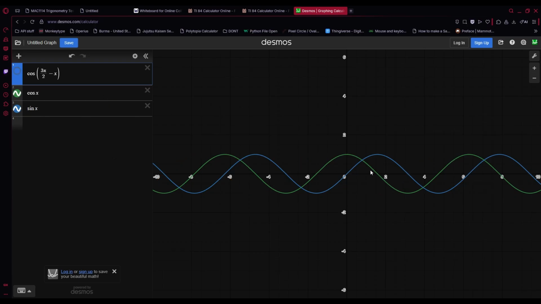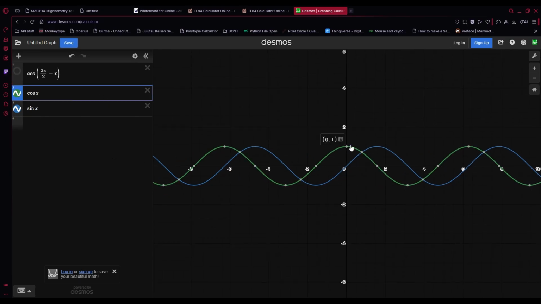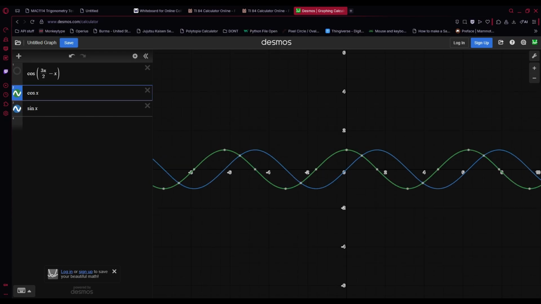You can see that this function right here is cosine, and this is sine. So what we're doing is saying negative x, and then we're doing a translation of 3 pi over 2.